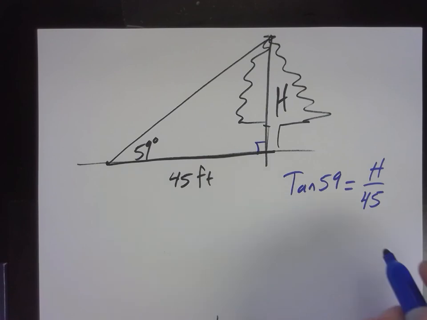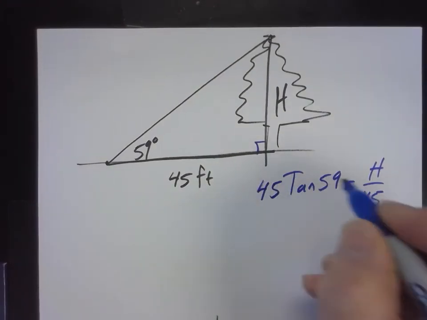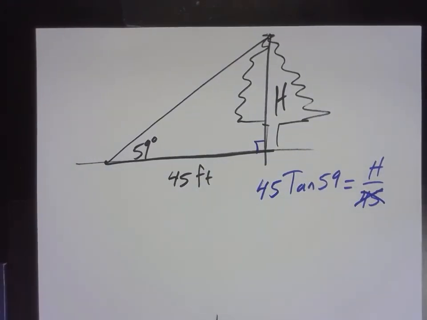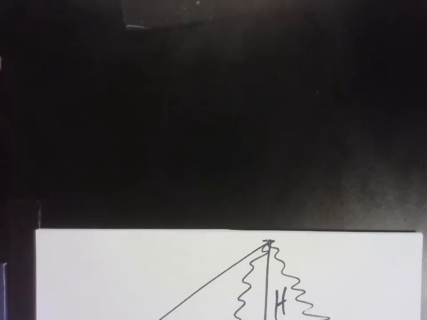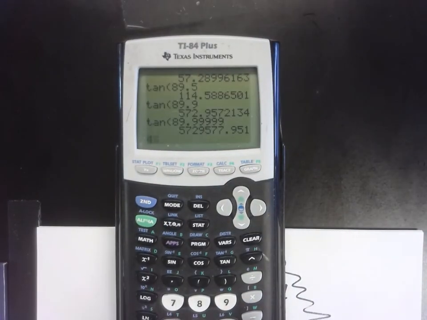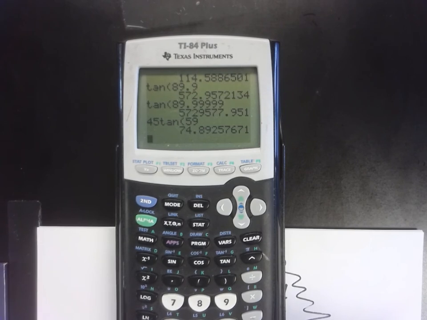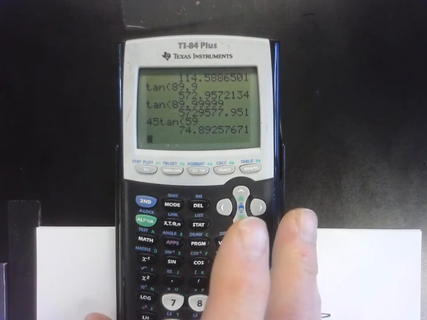So I'm just going to multiply both sides by 45. That cancels. And then at this point, I get out my calculator and type in 45 times the tangent of 59 degrees. And it turns out to be about 75 feet, really, isn't it? 74.89.